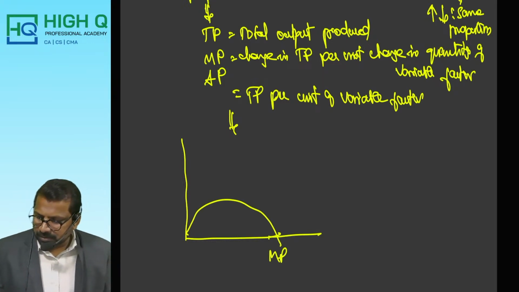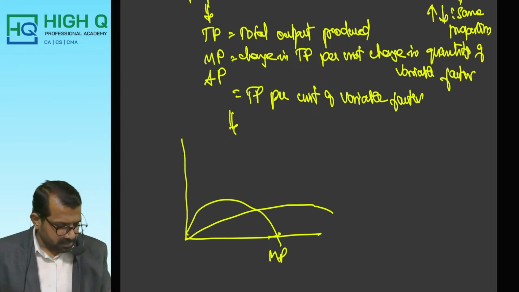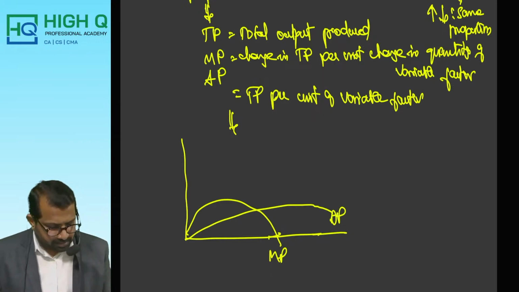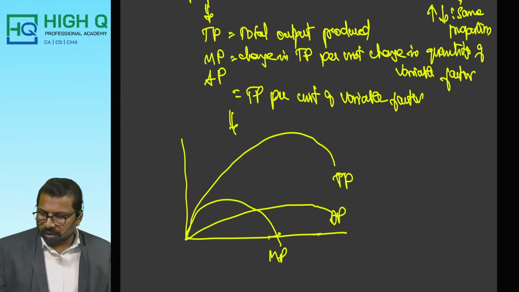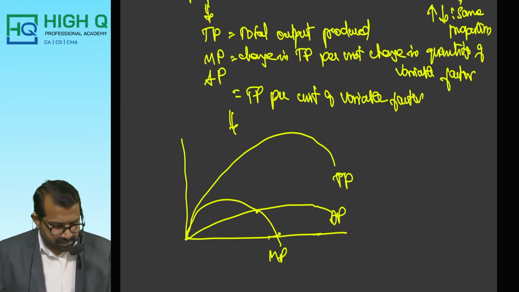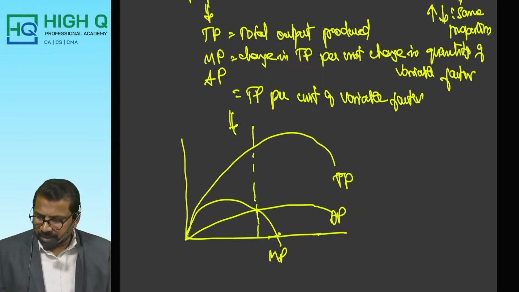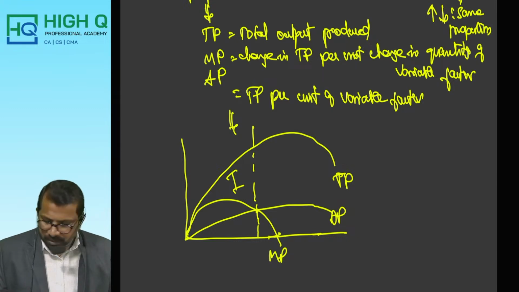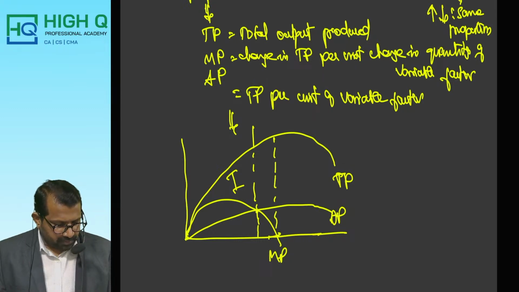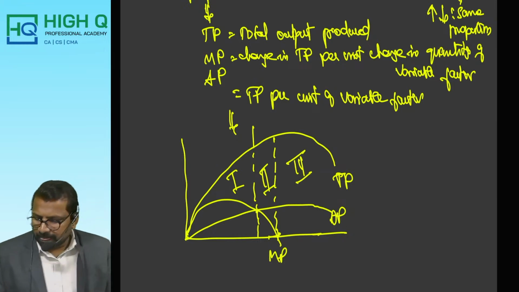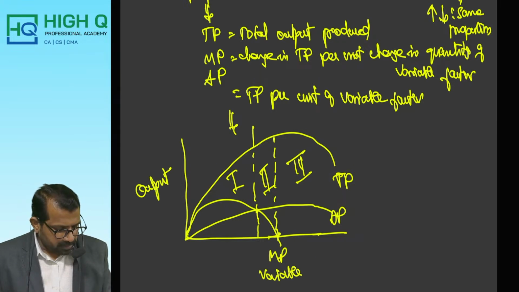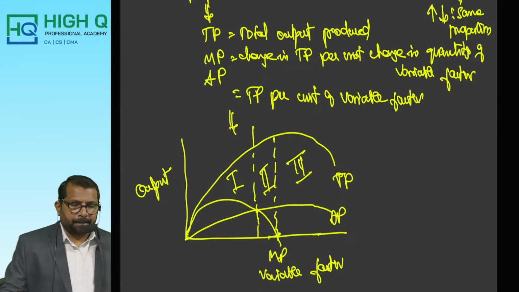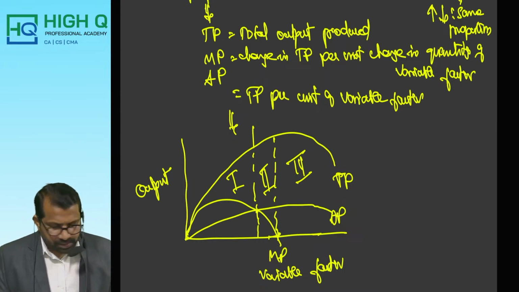Marginal product, average product, total product. These places intersect, which represent stage 1, this one comes under stage 2, and this one comes under stage 3. On the axes, output and variable factor. So stage 1, stage 2, stage 3.